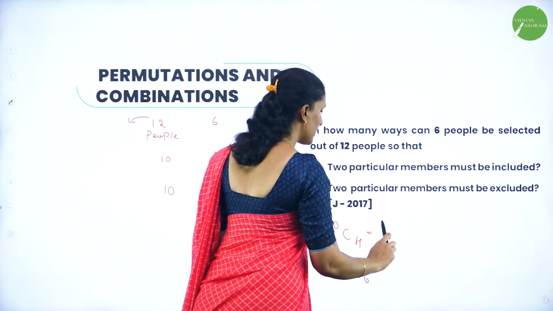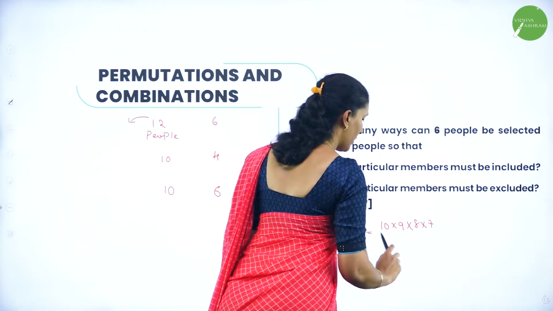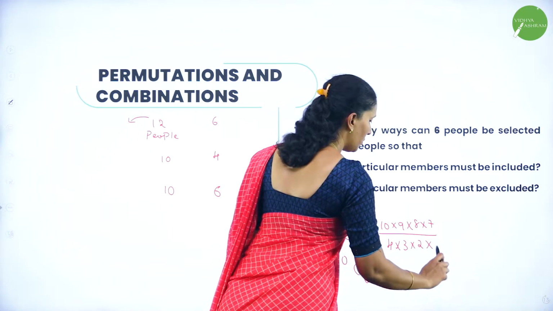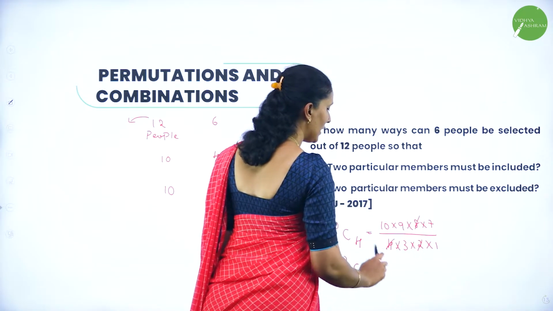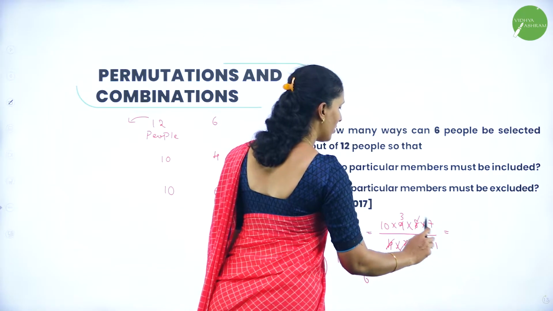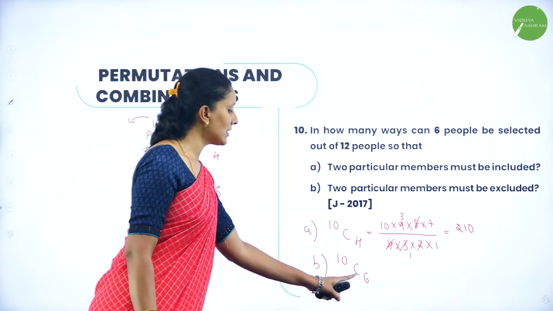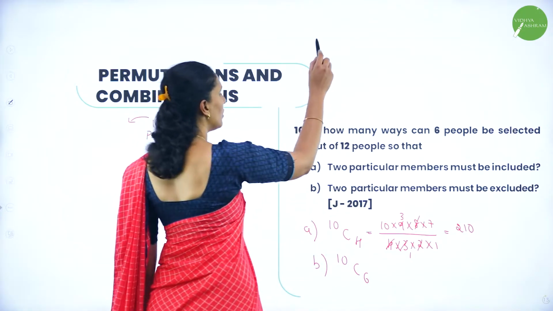So 10C4 is equal to 10 into 9 into 8 into 7 divided by 4 into 3 into 2 into 1. So we can cancel: 4 2s are 8 and 8 here, 3 1s are 3, 3 3s are 9. So 7 3s are 21, we will get 210. Here also 10C6 is the same as 10C4 because we know the formula.